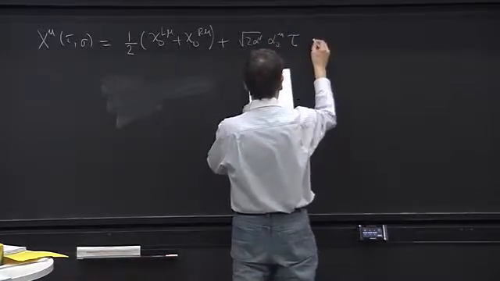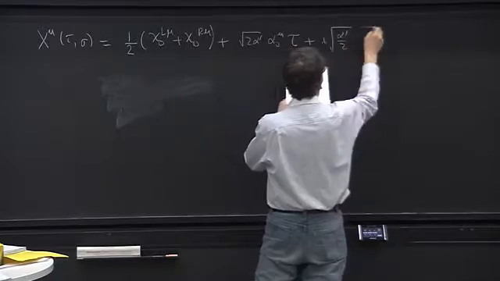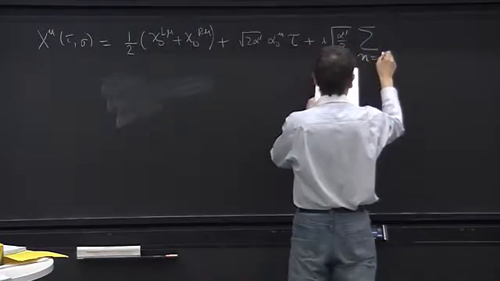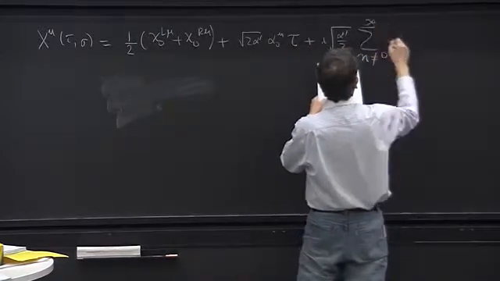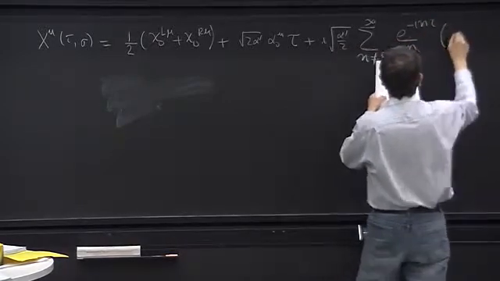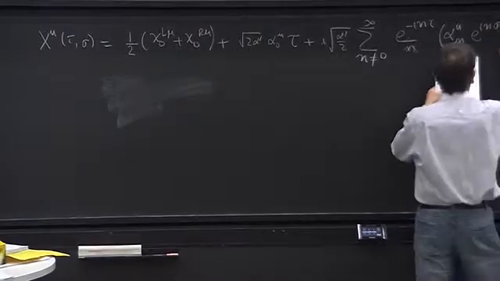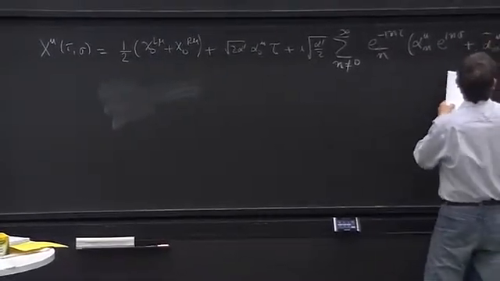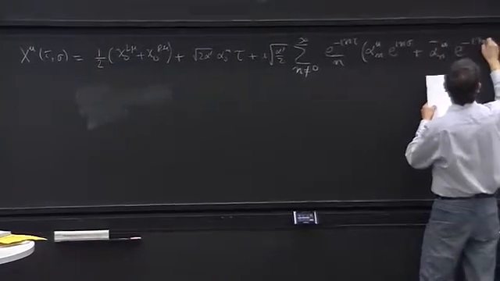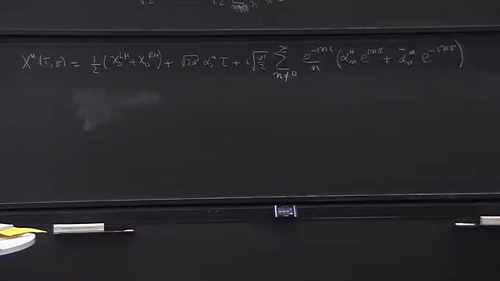Here, plus I square root of alpha prime over 2, sum from n different from 0 to infinity, e to the minus i n tau over n, alpha n mu e to the i n sigma plus alpha n mu bar e to the minus i n sigma. Okay, that's how a full closed string coordinate looks like.